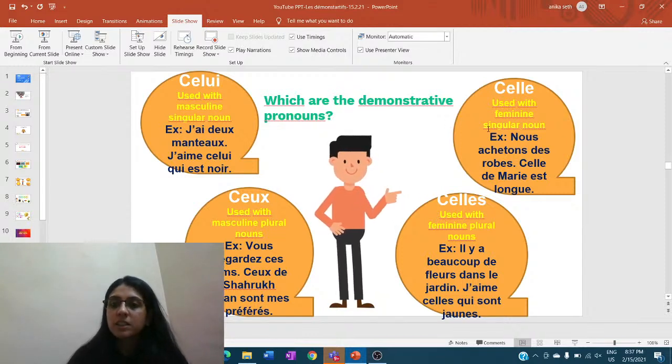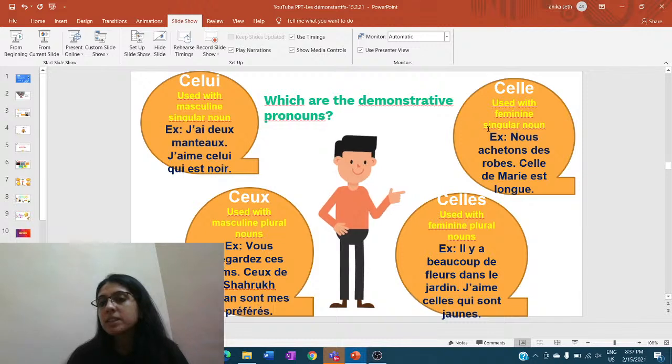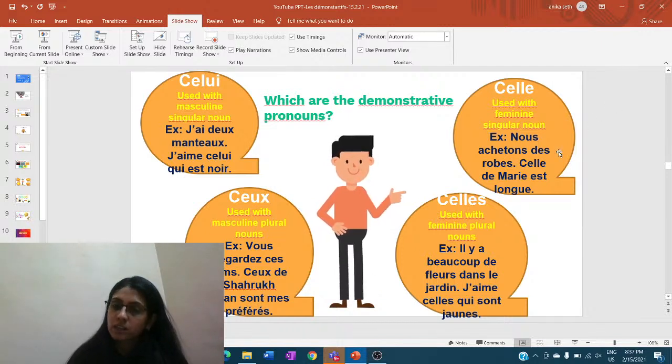Then celle, C-E-L-L-E, is used with feminine singular noun. In the demonstrative adjectives it was C-E-T-T-E. Here it is C-E-L-L-E. Celle is used with feminine singular nouns. Example, nous achetons des robes, celle de Marie est longue. Nous achetons des robes, we are buying some dresses.